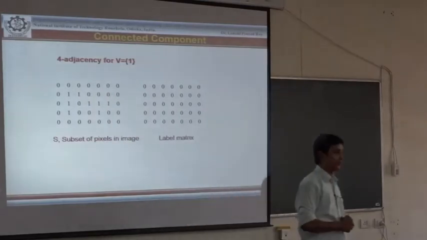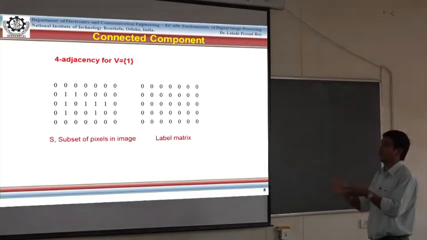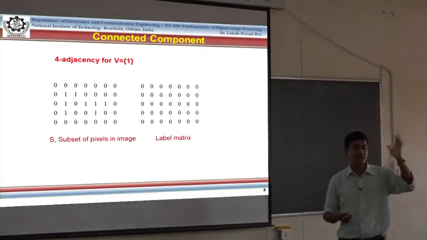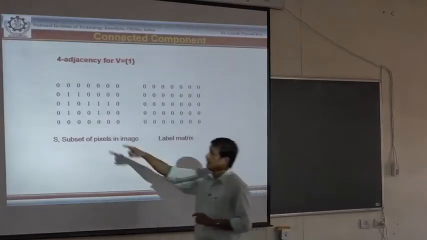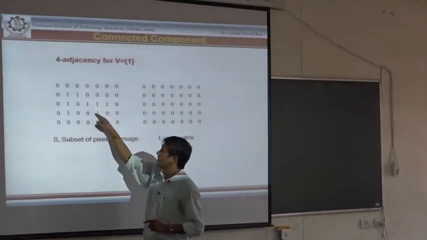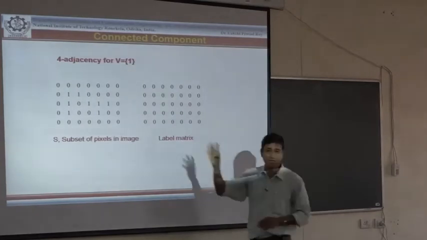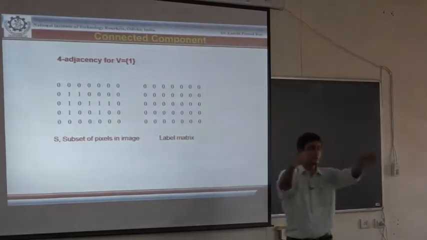Let me try to find them. Those who are somehow related, or I may need to use them somewhere in my other application. Now, if you identify them, see there, a few ones are here and a few ones are here, remaining are 0. So, a small idea can go there immediately that maybe this is one part and this is another part, where these two are different from the remaining background.